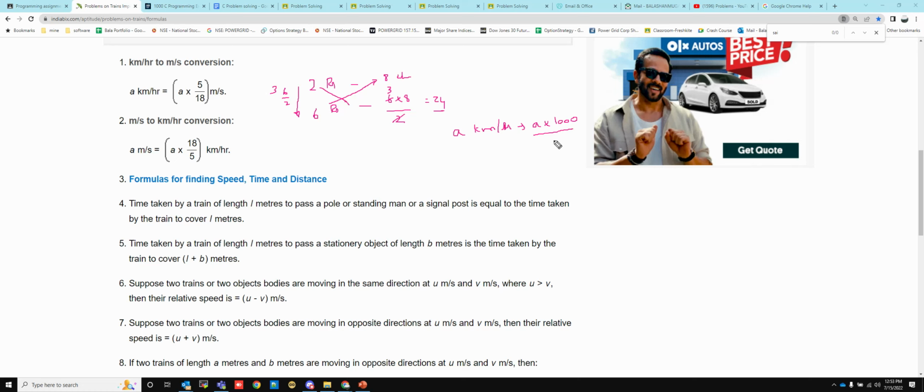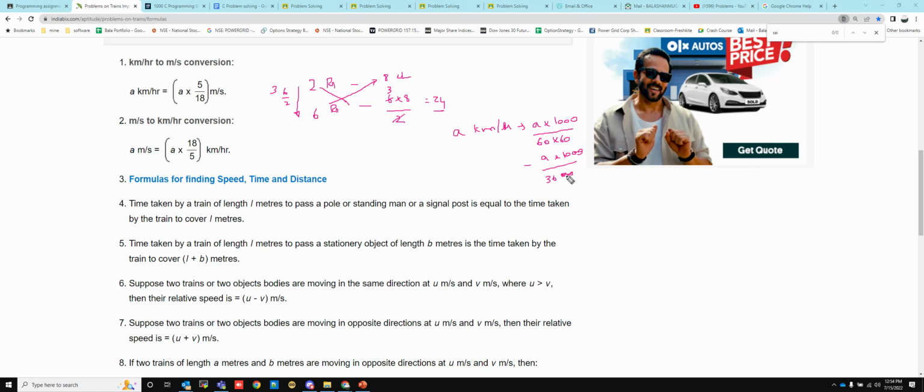To convert hour to second, you first convert to minute. To convert to minute, you multiply by 60, and to convert to second, another 60. So basically, you have to divide by 60 into 60. So which is 8 into 1000 divided by 60 into 60, that is 8000 over 3600.